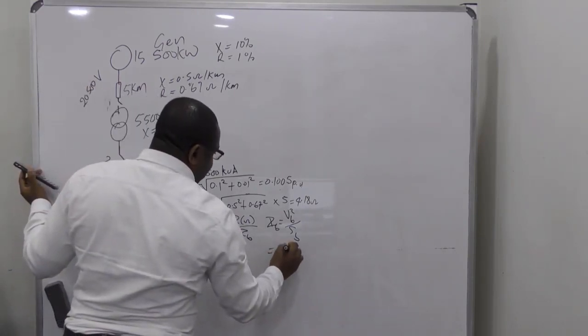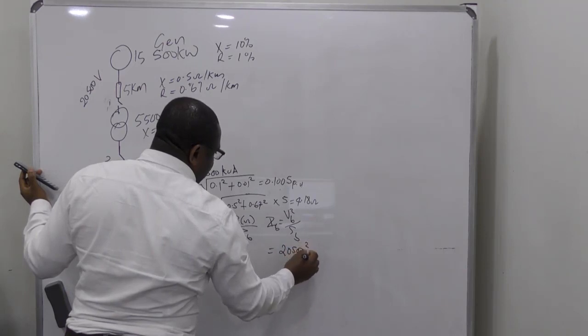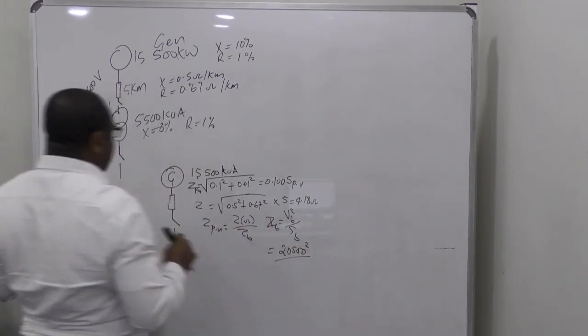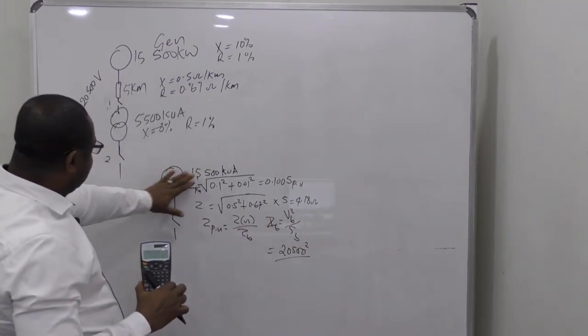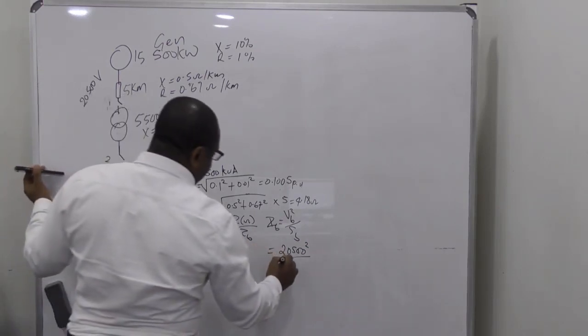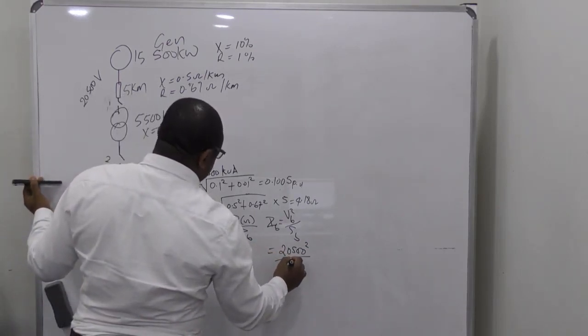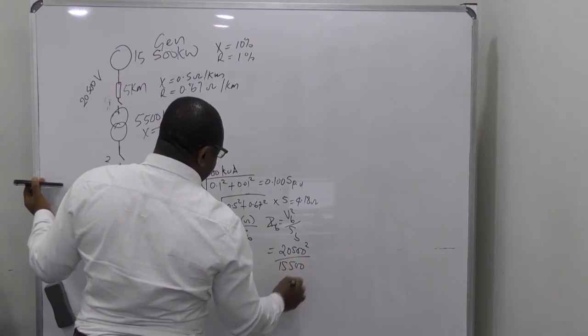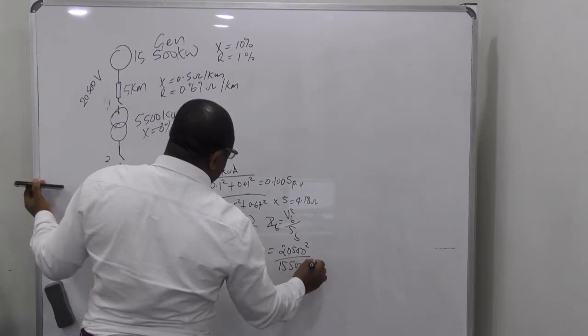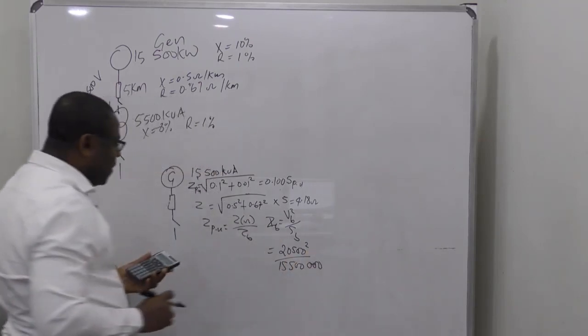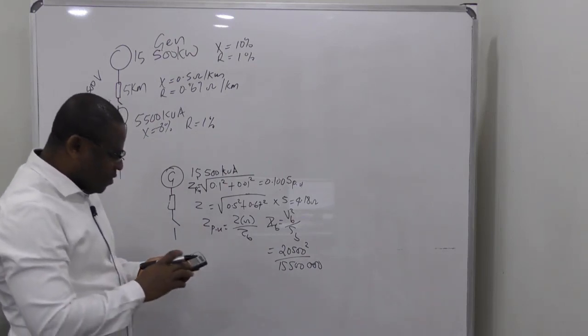So 20,500 squared divided by S base. What is our S base? The rating in this case is 15,500 kVA.